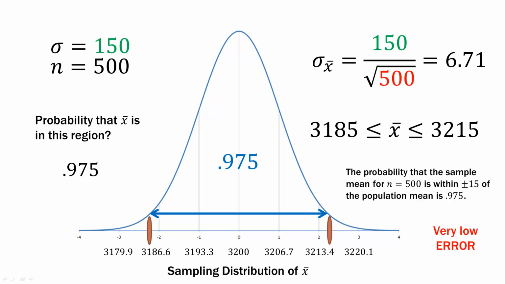But again, they are stationary. So it all has to do with that sample size and how it affects the standard error of the mean. So the probability that our sample mean is somewhere in that part of the curve is 0.975.